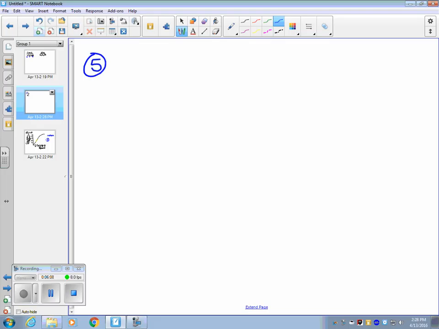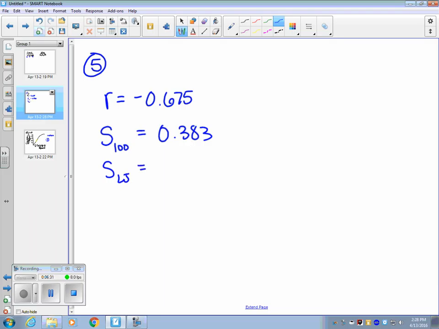It says the correlation, so I'm just going to write it here, was negative 0.675. The standard deviation of their 100-meter times was 0.383, and the standard deviation of their long jumps was 0.469.